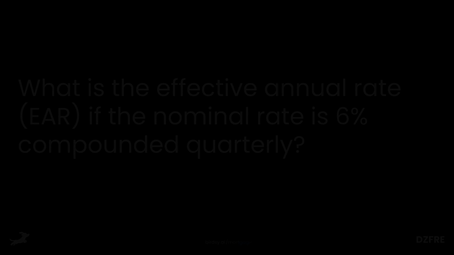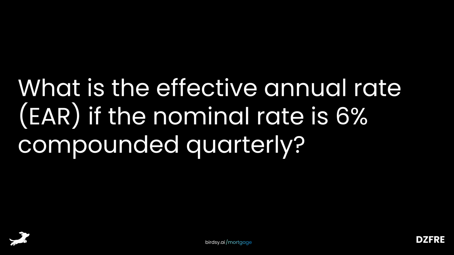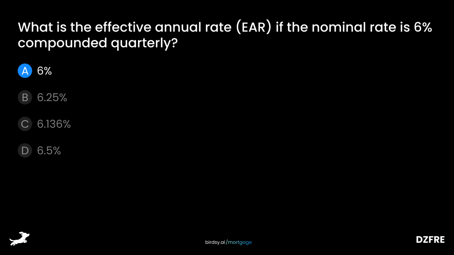What is the effective annual rate if the nominal rate is 6% compounded quarterly? Is it A, 6%, B, 6.25%, C, 6.136%, or D, 6.5%?